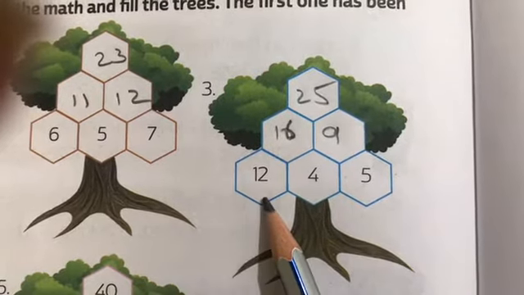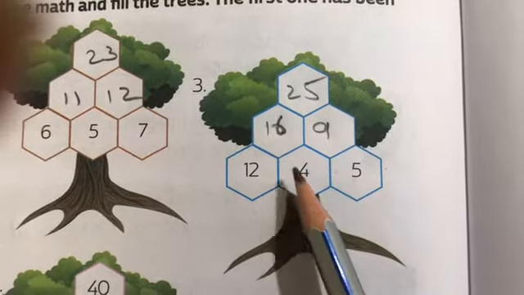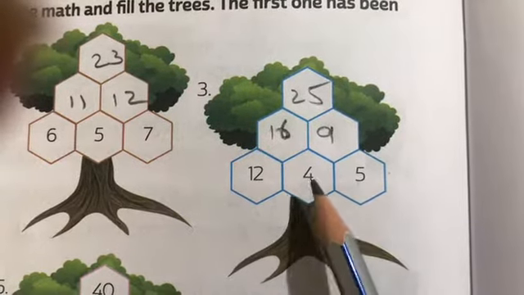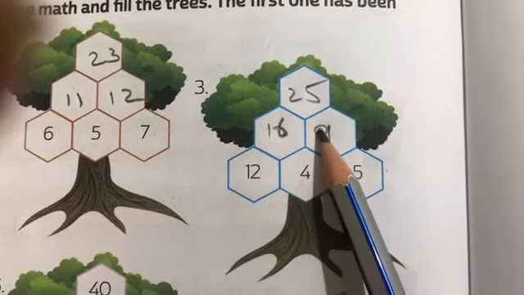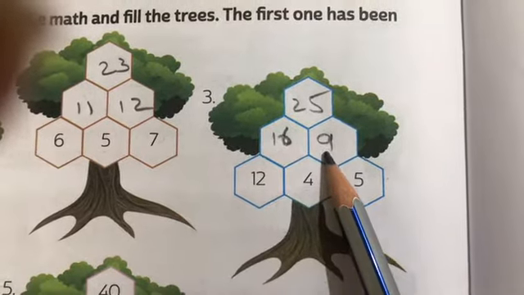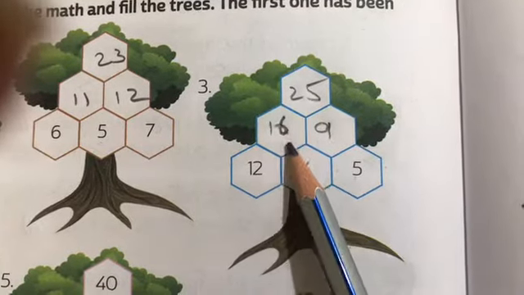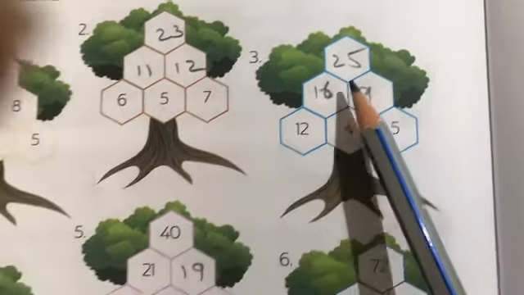So 12 plus 4 equals 16. 5 plus 4 equals 9. 16 plus 9, 25.